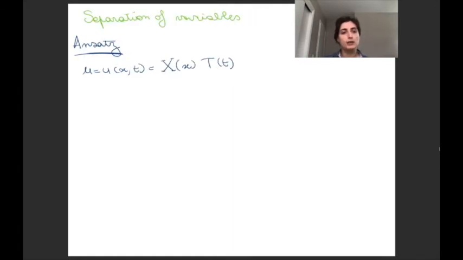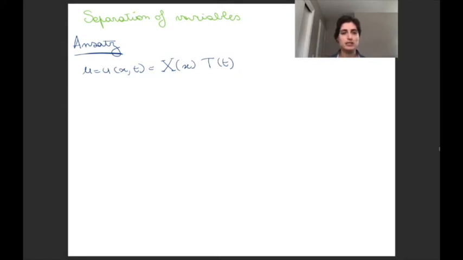We're going to use an approach called separation of variables. We take an ansatz, that is a claim that we'll try to justify later on. We're going to test that the result does satisfy this claim. We're going to take an ansatz that our unknown u, that is a function of x and t, is actually a product of two functions, one only of x and one only of t.